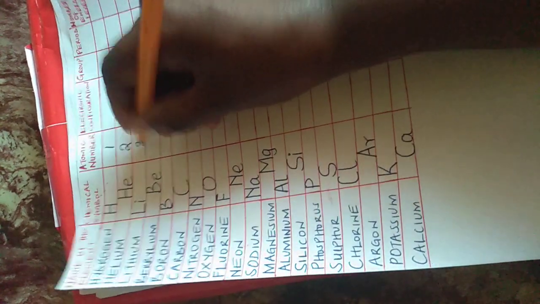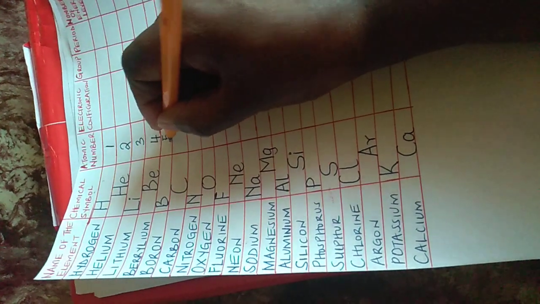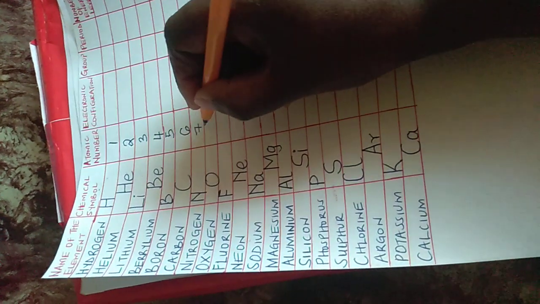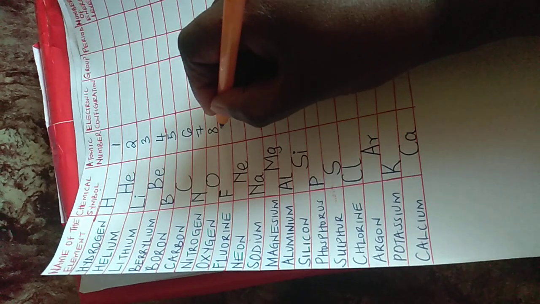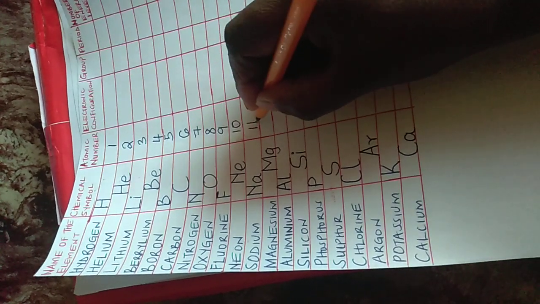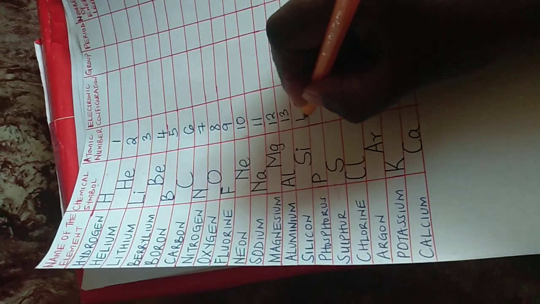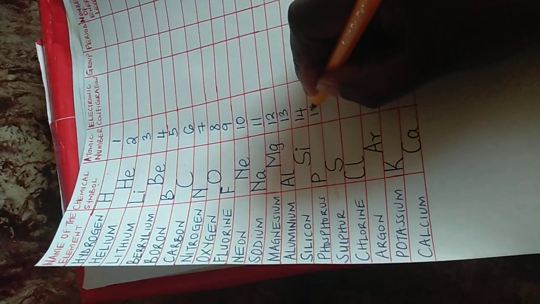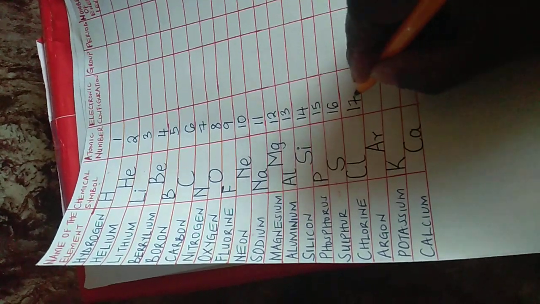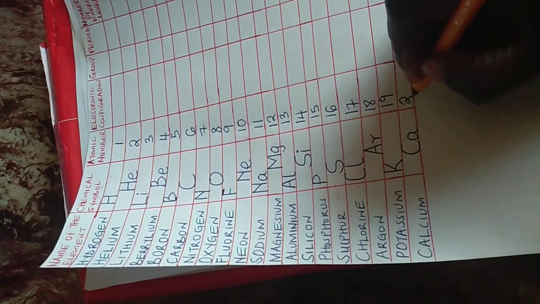lithium 3, beryllium 4, boron 5, carbon 6, nitrogen 7, oxygen 8, fluorine 9, neon 10, sodium 11, magnesium 12, aluminium 13, silicon 14, phosphorus 15, sulfur 16, chlorine 17, argon 18, potassium 19, calcium 20.